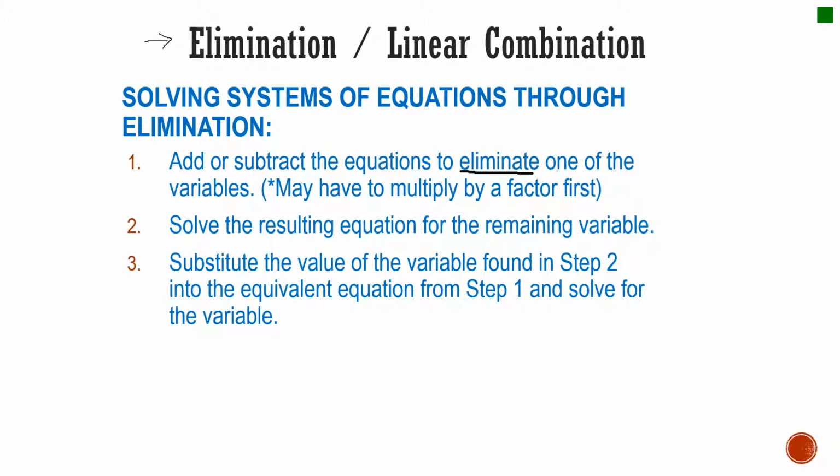In step two, we're going to solve the resulting equation for the remaining variable. And then in step three, we're going to substitute the value that we found in step two. Say we found x, you're going to plug that back into the equation from step one and solve for that second variable. So let's see it in action.